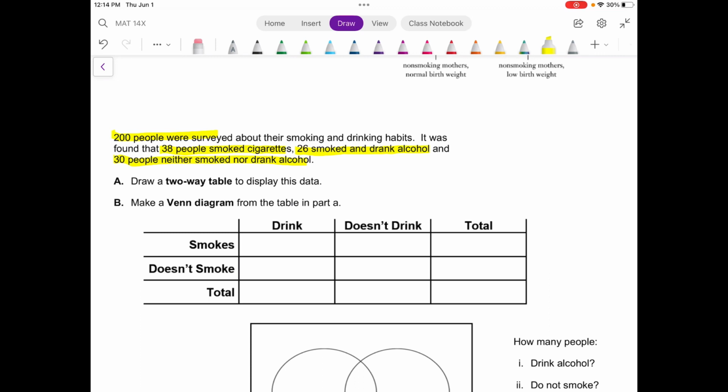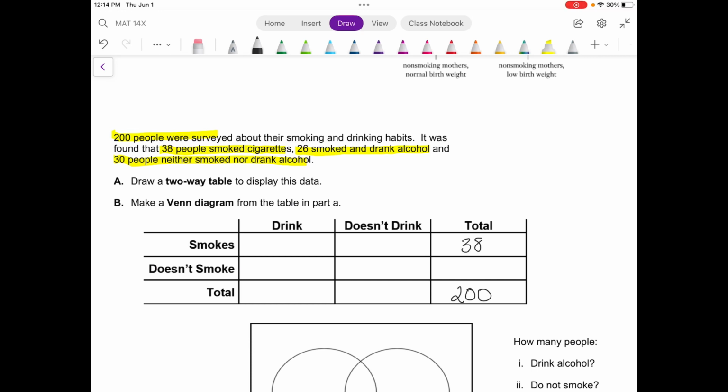Now, looking here, that 200 people total is going to be down here in my lower corner, because that's the total number of people surveyed. And then I'm going to go through and look at the parts. So we have 38 people who smoke cigarettes. So in that smoke row, that's going to have a total of 38. I know that.